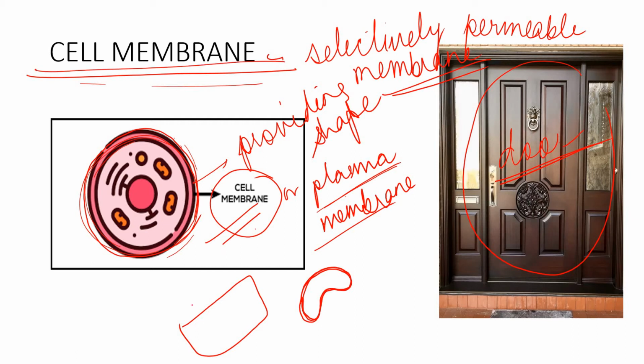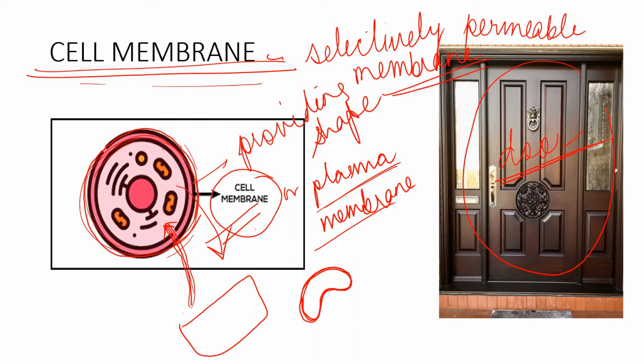Similarly, the cell membrane does not allow all the nutrients or water and minerals to easily get inside the cell or come out of the cell. So it's very selectively permeable. If it's water, then sometimes it will choose to let this water enter inside the cell.